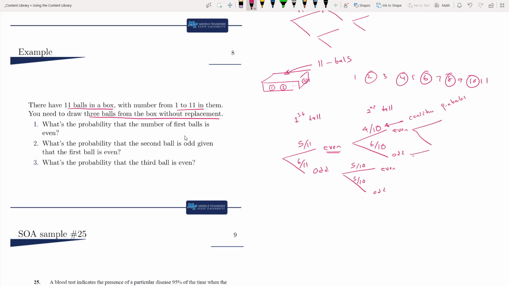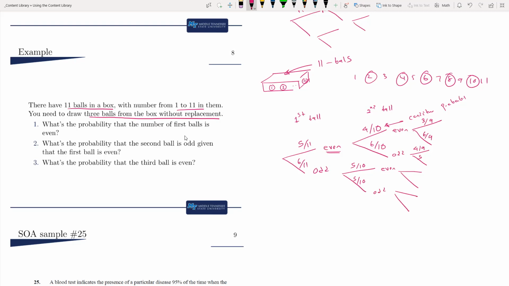So now we can expand it. This is going to be 3 out of 9, and this would be still 6 out of 9. This one, since you took one odd ball, there would be only 4 left.